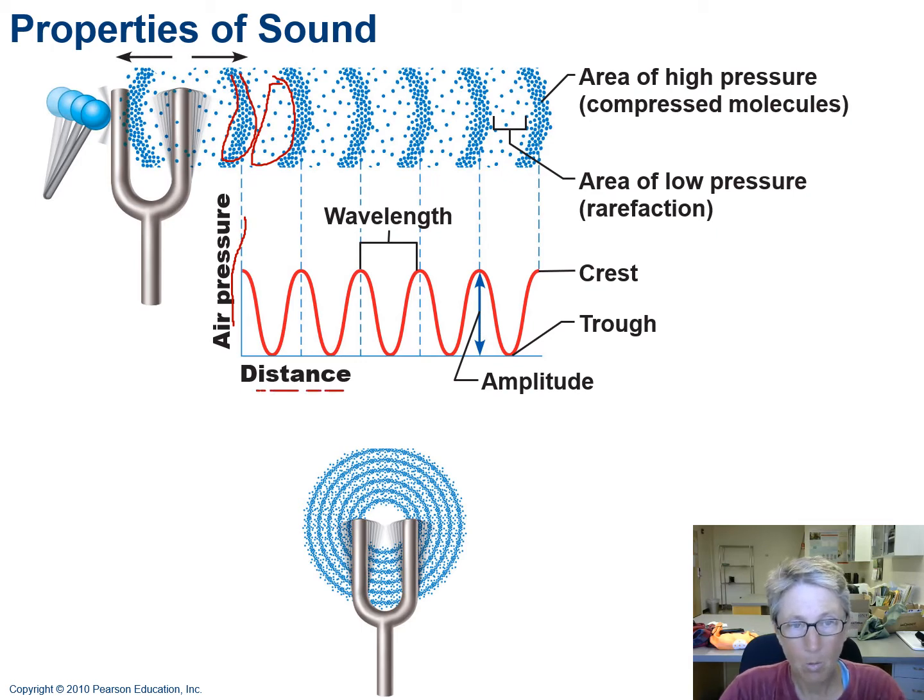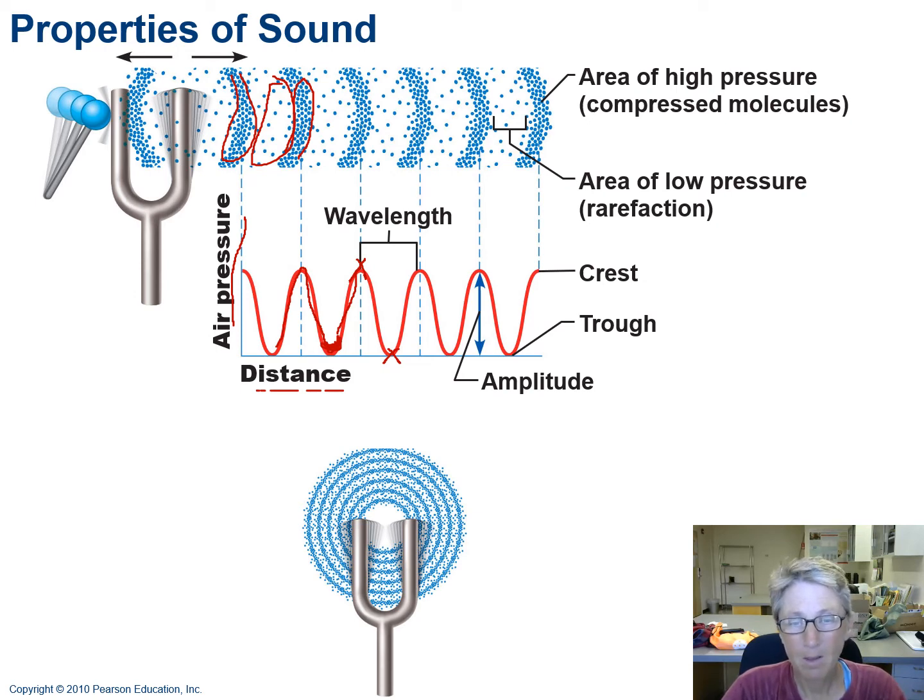The areas of compression are associated with a peak in the wave, and then you come down and hit a trough of the wave. That's associated with rarefaction or areas of low pressure. Then you come back here, get high pressure, molecules are compressed, low pressure, molecules are not compressed.